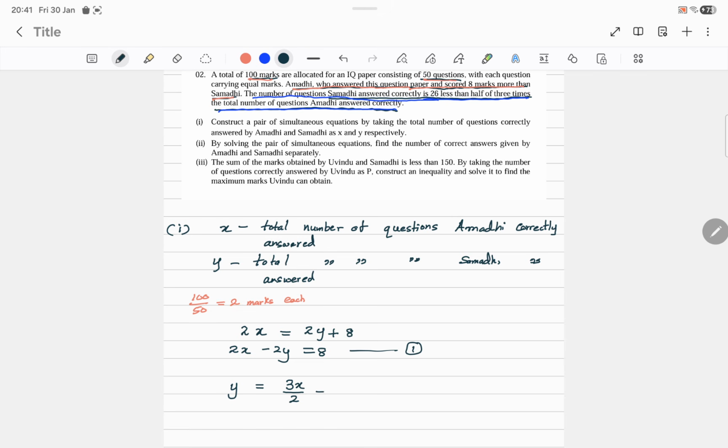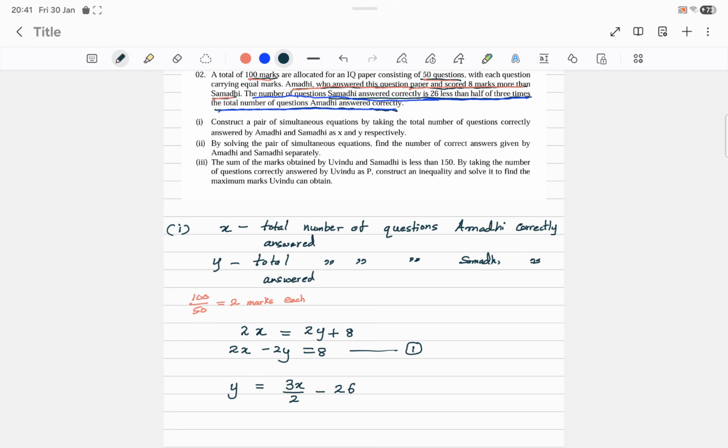So 3x over 2 minus 26. That is what that blue underlined sentence means. Half of 3 times the total number of questions is 3x over 2.